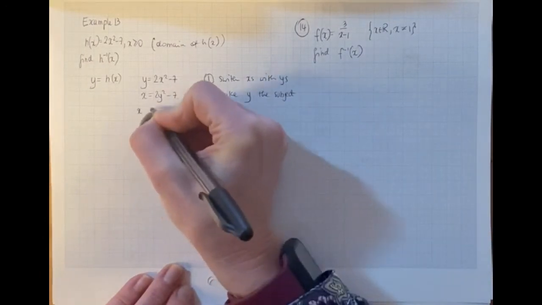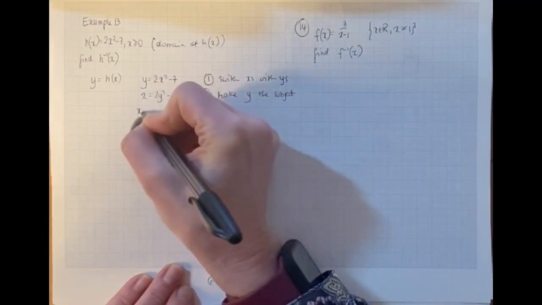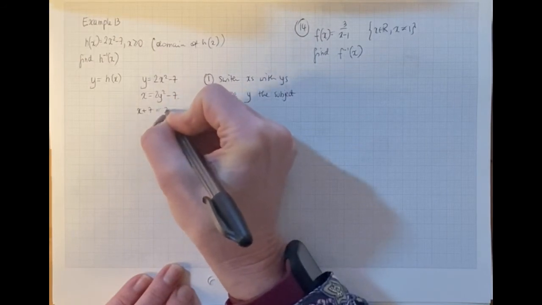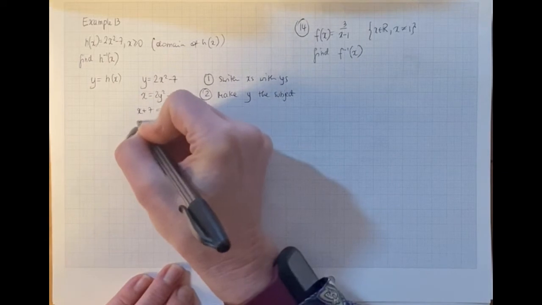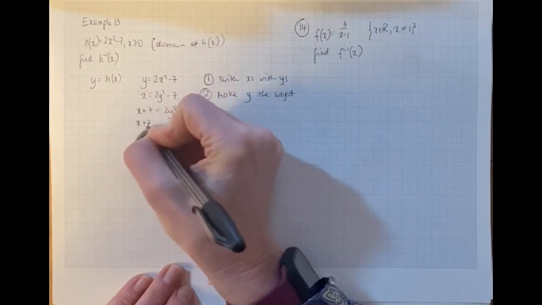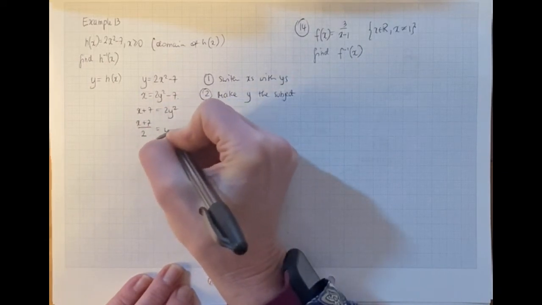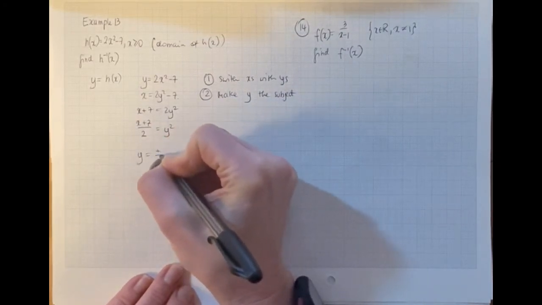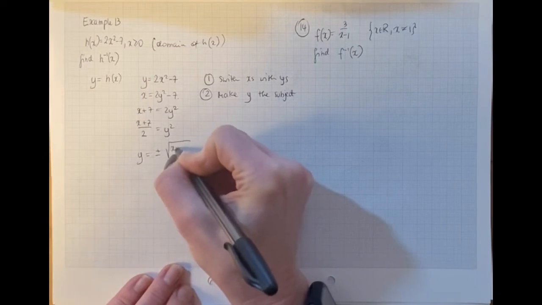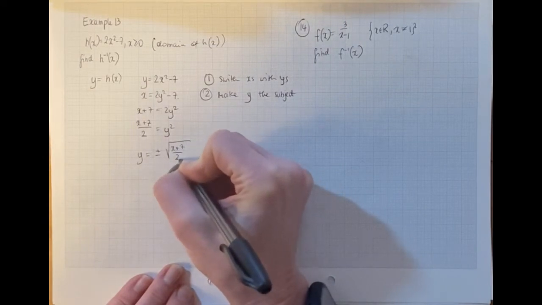So we are undoing, taking away 7 by adding 7, then undoing multiplying by 2 by dividing by 2, and then square rooting. So y is equal to plus or minus square root of (x plus 7) over 2.